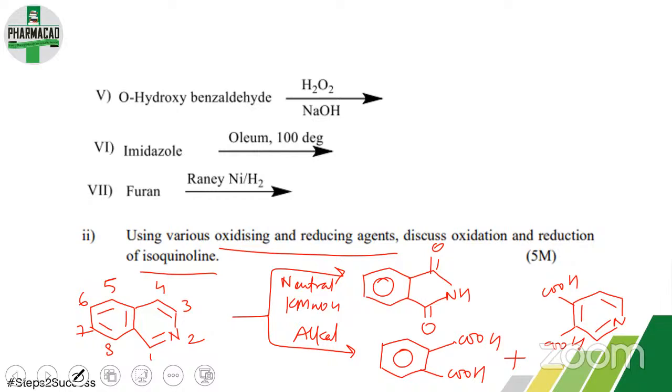So when we are using neutral KMnO4, we will get phthalimide, but when we are using alkaline KMnO4, we will get phthalic acid and this pyridine dicarboxylic acid.